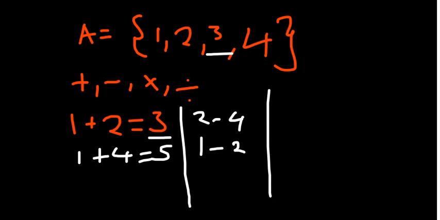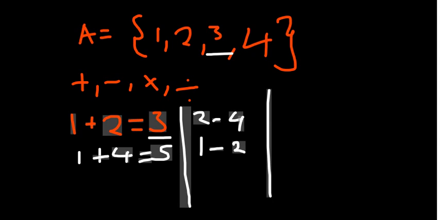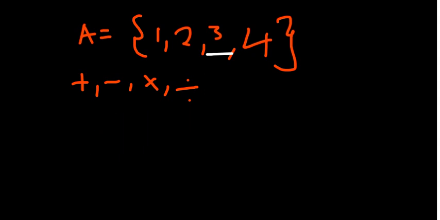Okay, let's change it a bit. How about if we reduce the set to just 1 and 2? We'll start with addition. Is it a binary operation? Anyone to respond?